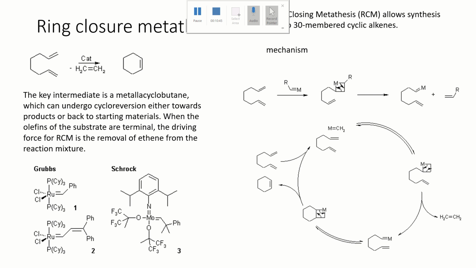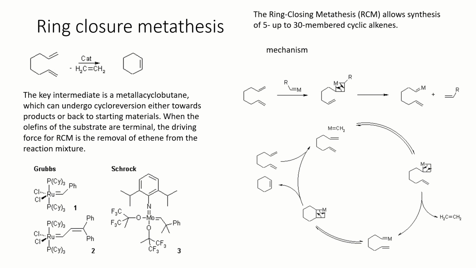See here, two reactive double bonds are present. These two reactive ends of the same molecule will have a higher probability of finding each other to complete the ring closure. That's why these types of reactions are conducted in dilute solutions.